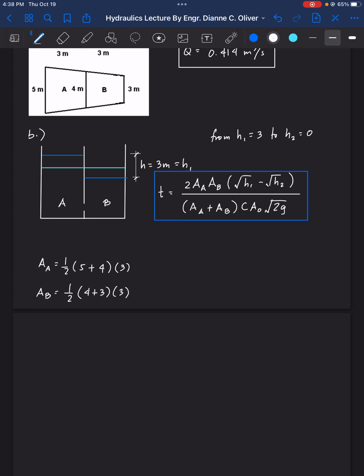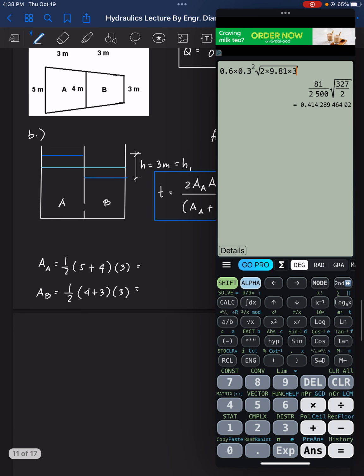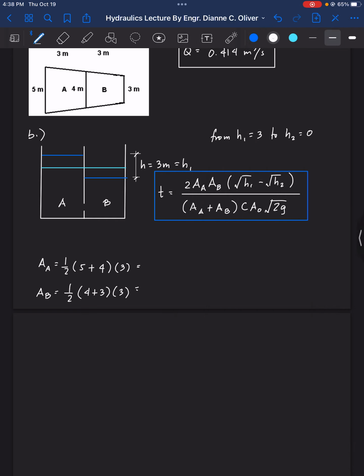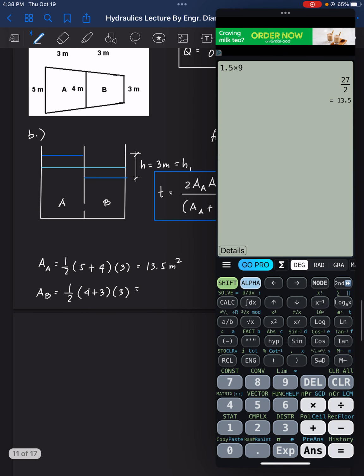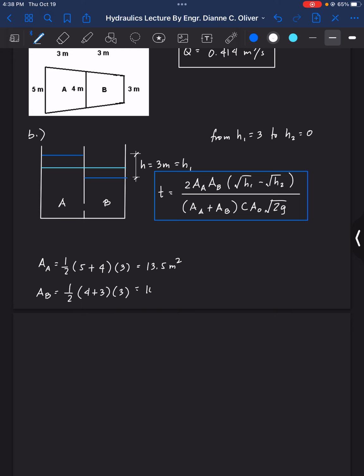So that is equal to 1.5 times 9, 13.5 square meters. And then 10.5 square meters.